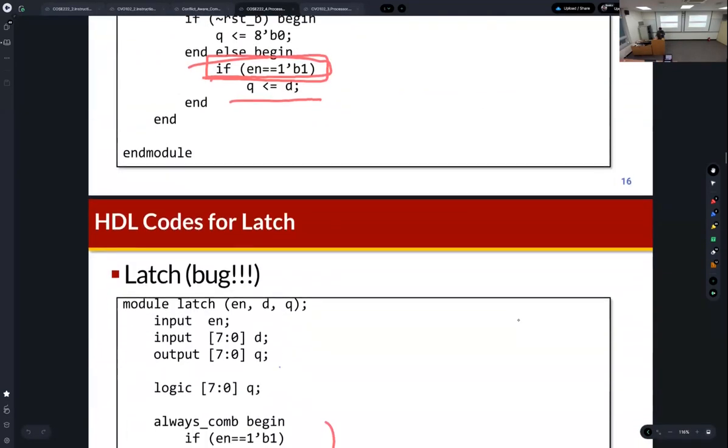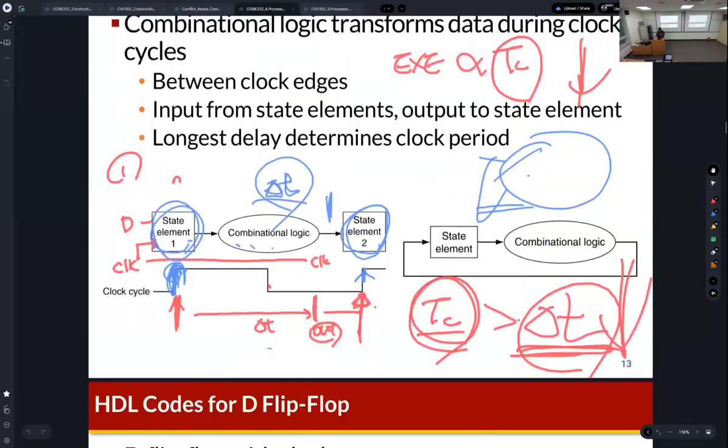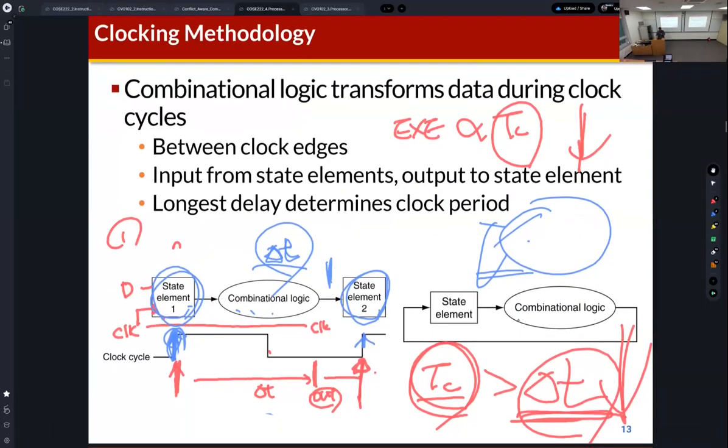This is a very important concept, so you need to understand the clocking methodology. In part one, chapter one, we learned that the performance of a computer system is highly influenced by the clock period.